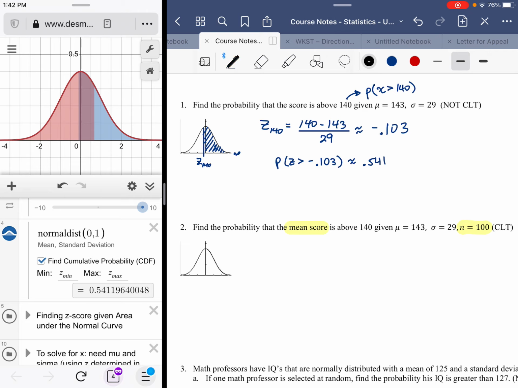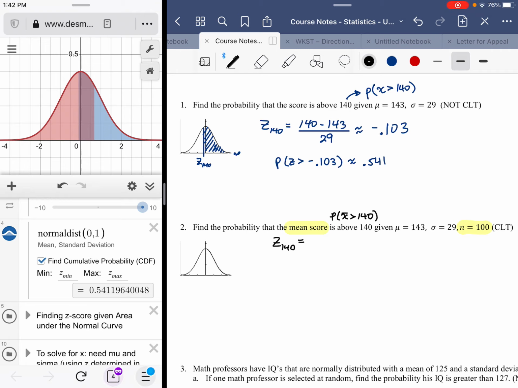So we're looking for the z-score corresponding with the 140, but this time, instead of an x value that's above 140, we're really looking for the probability that x bar is above 140.